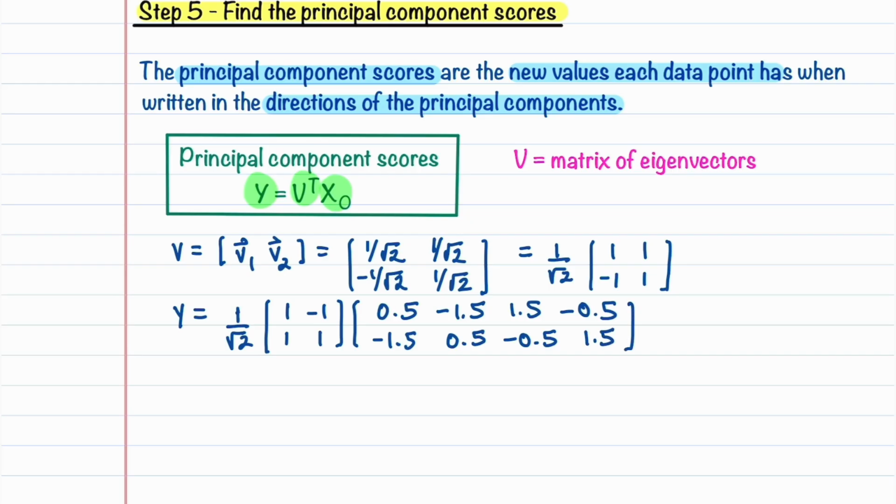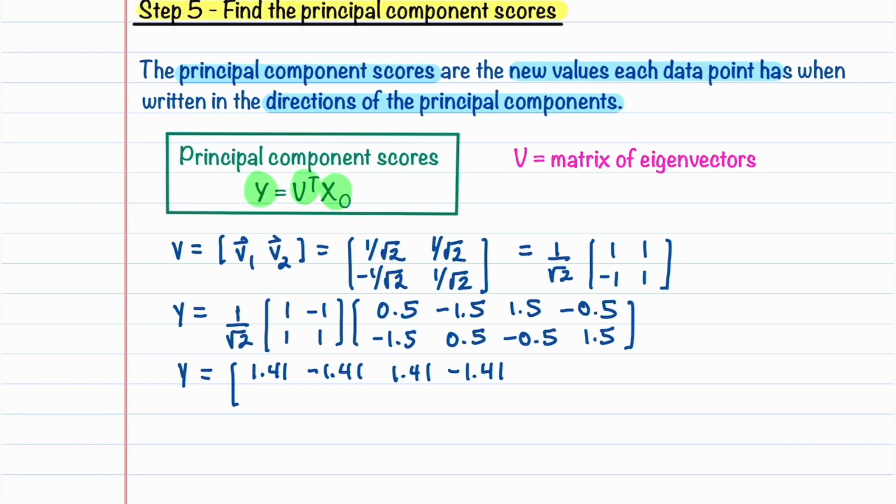Now we just have to multiply these two matrices. I won't do that here in this video, but here is what we end up with. To make the principal component scores easier to plot, I'm going to round them to 2 decimal places. This gives us 1.41, minus 1.41, 1.41, and then minus 1.41.